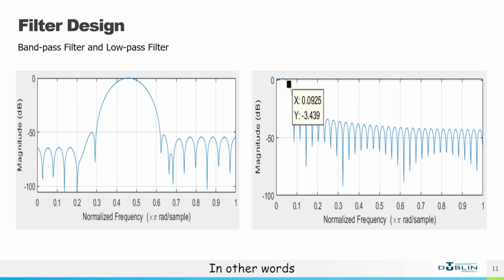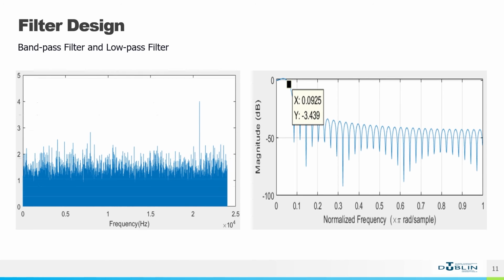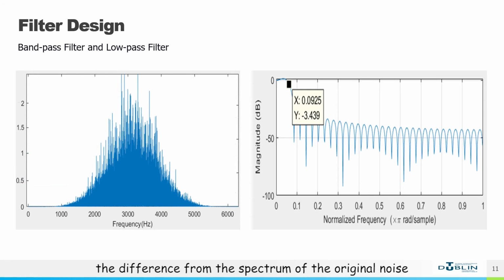In other words, there are too many operations to get through at each sample, and it is far beyond our processing ability. To solve this problem, I used a bandpass filter to obtain noise with a specific frequency range instead of random noise. As you can see the difference from the spectrum of the original noise and the processed one.